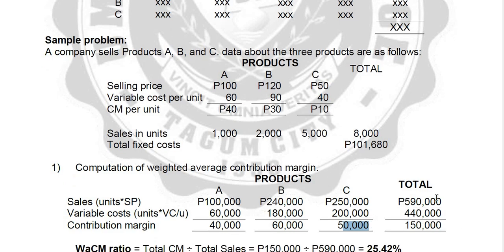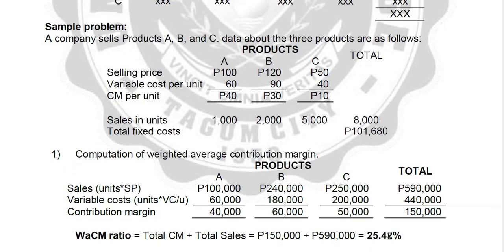So, with that, ito na yung total ng mga tatlong products na yan. So, to get your contribution, ito yung contribution margin mo, total. So, if you are going to divide that to 590, makakompute mo yung 25.42, that's your weighted average contribution margin ratio.